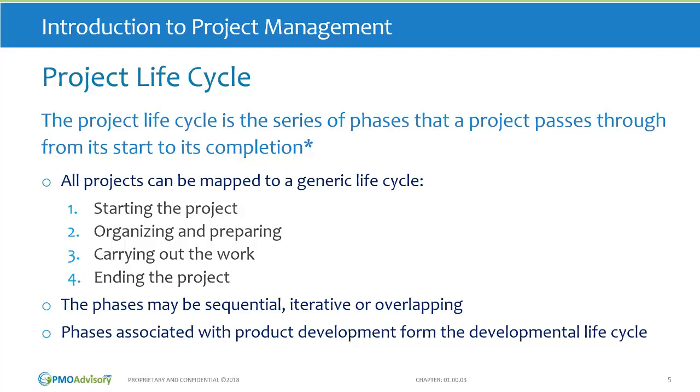Organizing and preparing, 3. Carrying out the work, and 4. Ending the project. There are a variety of relationships possible between the phases. They could happen in sequence, they could be iterative, or they could actually occur overlapping and simultaneously.